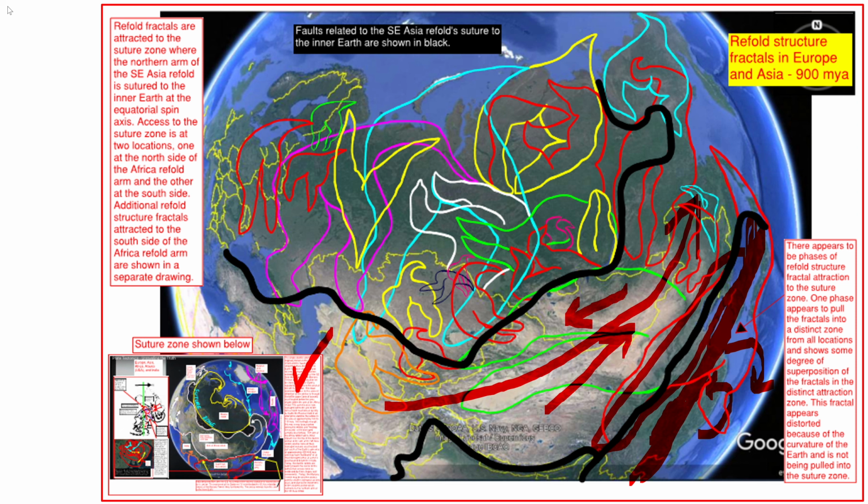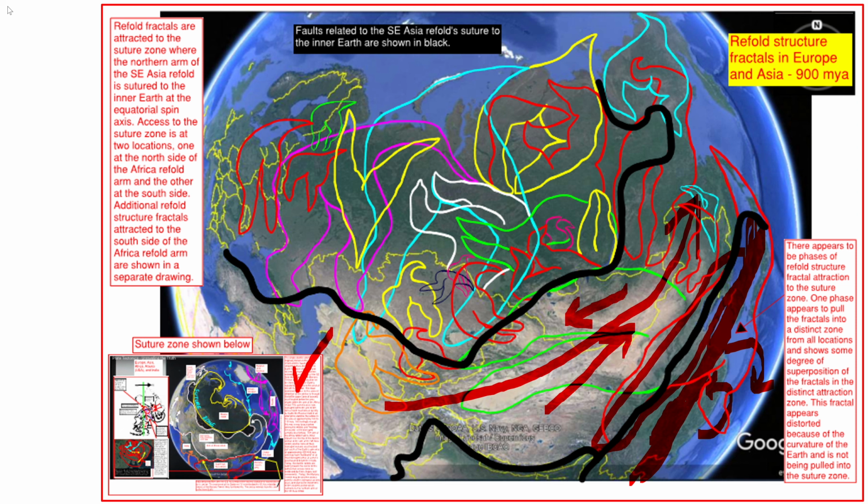And every time the Southeast Asia refold rotates, it breaks up the brittle zone above and causes more attraction to that true zone, the source down there at the inner Earth. That's the true source. But through the broken zones, there's greater attraction, especially if these segments of portions of land, the original seven land masses, are moving around, they'll feel it more as they move out laterally. They'll get pulled into it more.